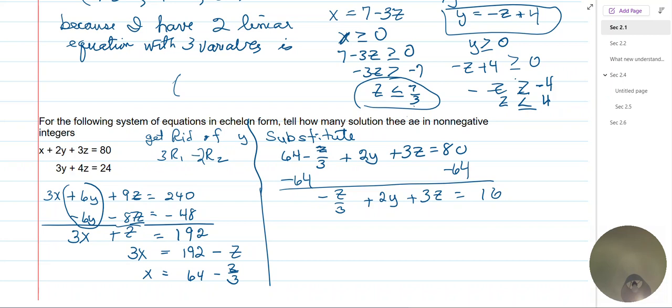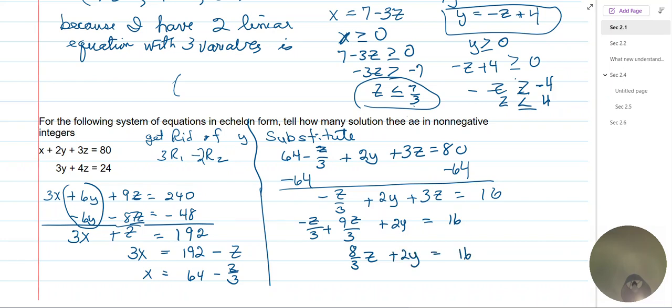All right. Okay. So now I'm going to add those guys. So I have a negative z thirds plus, and this is in threes, 9z thirds plus 2y equal 16. So that's going to give me 8 thirds z plus 2y equals 16.